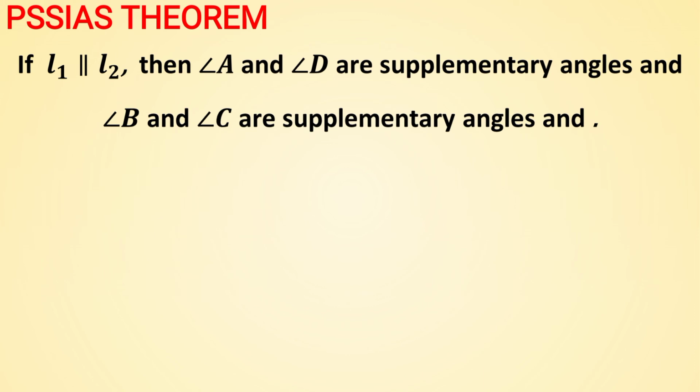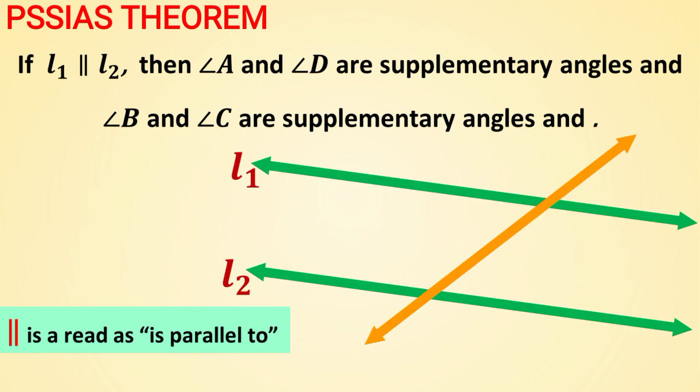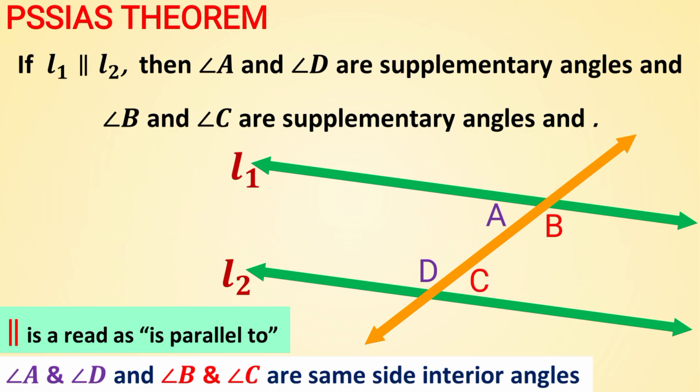PSSIAS theorem. If line 1 is parallel to line 2, then angle A and angle D are supplementary angles, and angle B and angle C are supplementary angles. Angle A and angle D, B and C are same side interior angles.